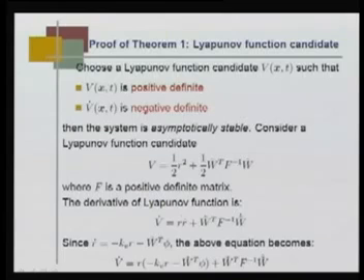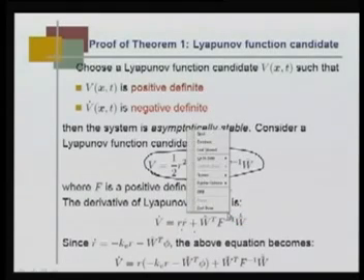The derivative of the Lyapunov function is V dot equal to R times R dot, since you can easily see the 2 cancels out, plus W tilde transpose F inverse W tilde dot.